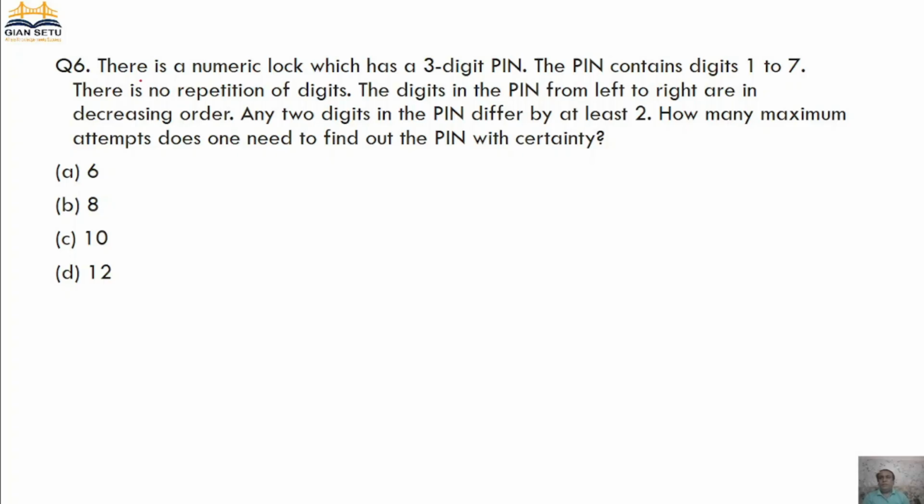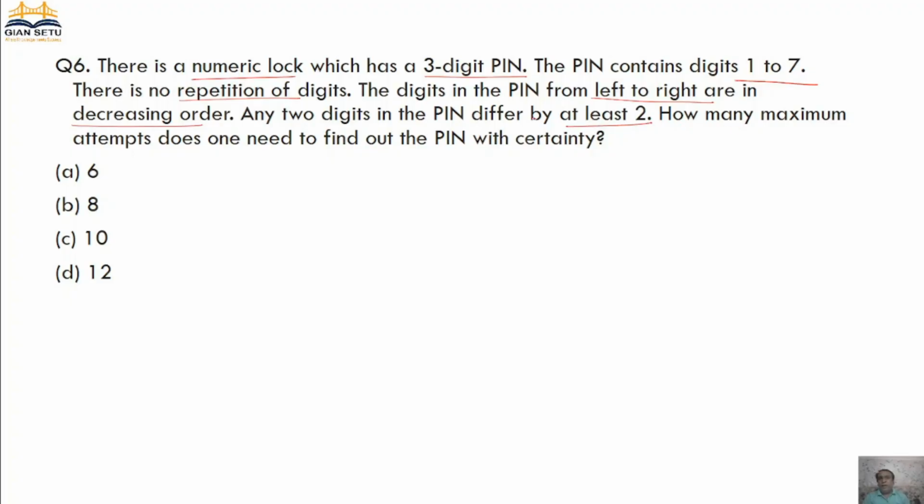Now question number 6 is, there is a numeric lock which has a 3-digit pin. The pin contains digits 1 to 7. Next, there is no repetition of digits. The digits in the pin from left to right are in decreasing order. Any two digits in the pin differ by at least 2.